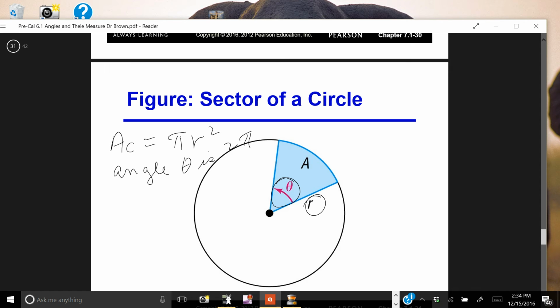So finding the area A, we would just take theta divided by the angle of a full circle, which is 2 pi, times pi r squared. Okay.